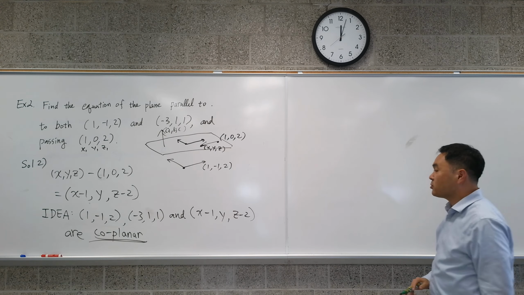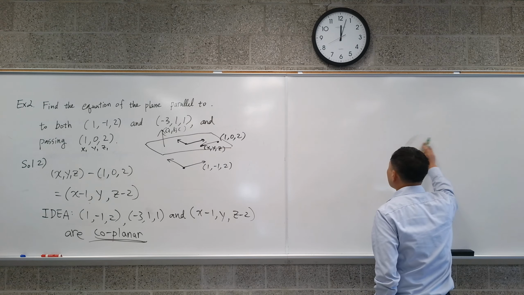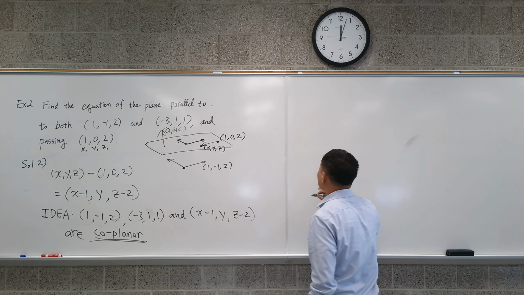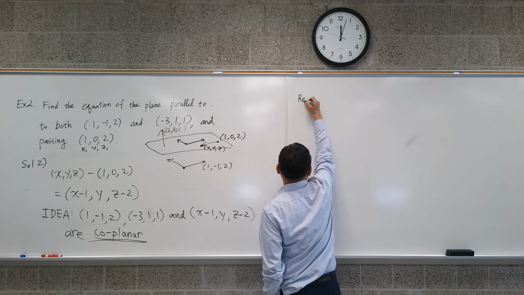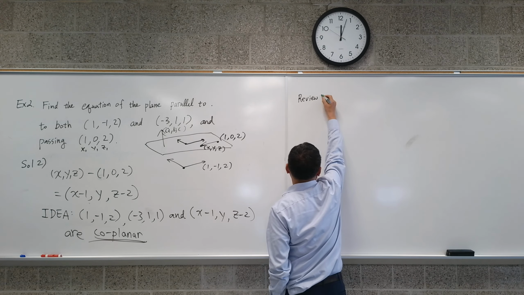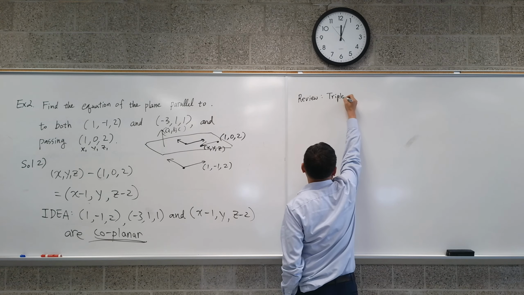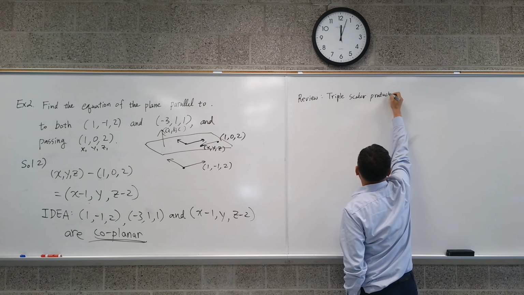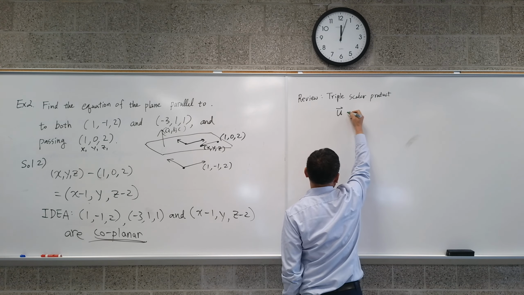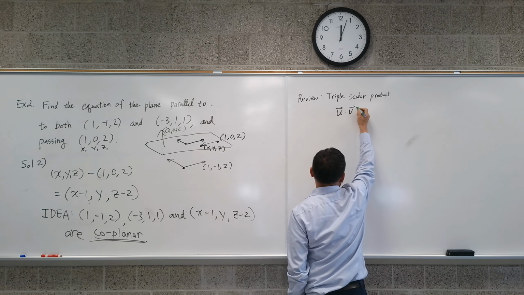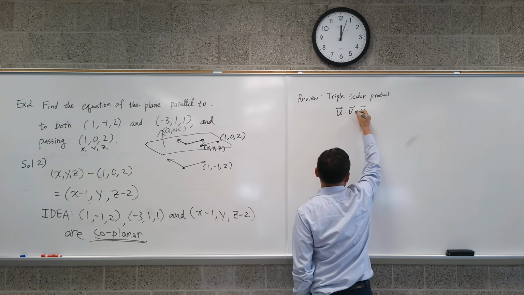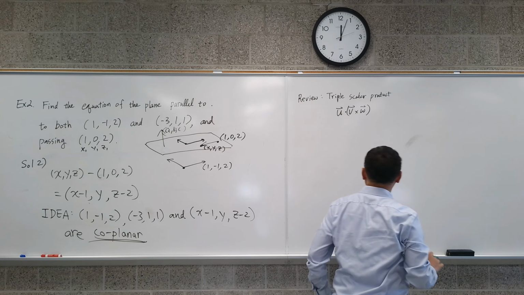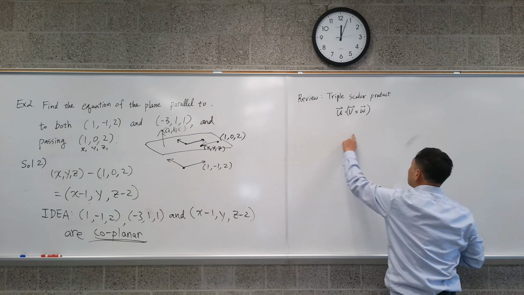Okay, so what? Well, it's been a while, but we learned something called a triple scalar product, right? So let's just review the triple scalar product, which was that if you had 3 vectors u, v, and w, then either u dot v cross w, or it could be u cross v dot w.